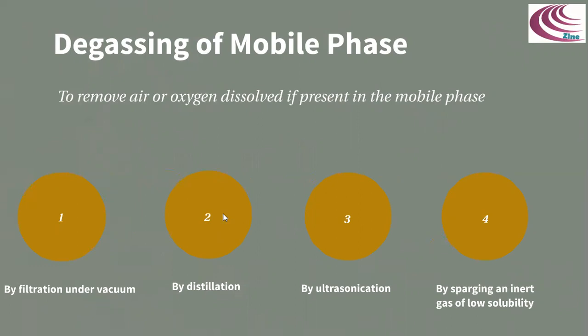So degassing of the mobile phase can be done by any one of these methods: by filtration under vacuum, by distillation, by ultrasonication, or by sparging an inert gas of low solubility.